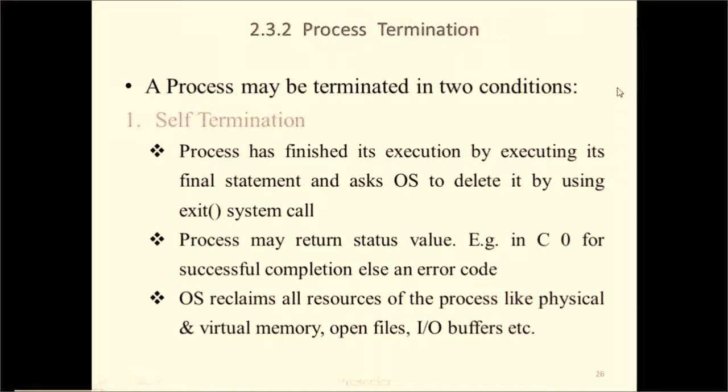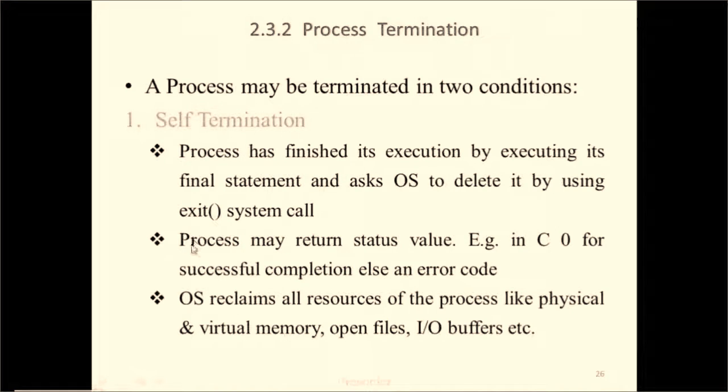So the process has done whatever it wanted to do in the system without any hazard. It's completed. Now on its own it is telling the operating system that look, I'm complete, I'm done, I'm exiting. Please terminate me. And it tells so to the operating system by executing a system call called exit.